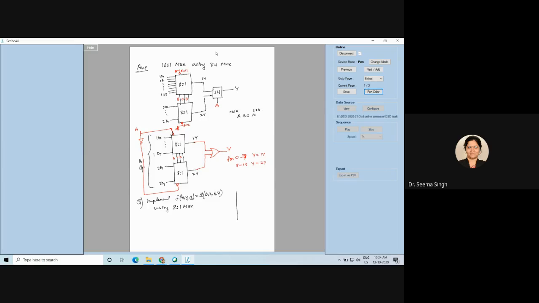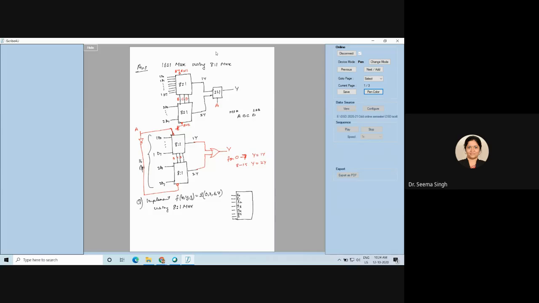I have an 8:1 mux. Okay. And the inputs are called I0, I1, I2, and so on.